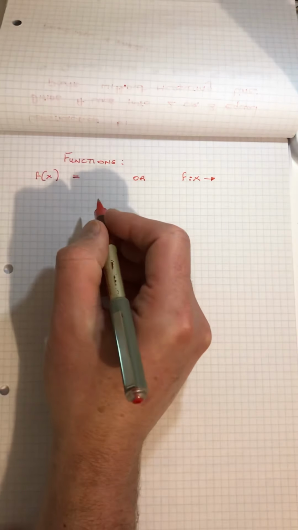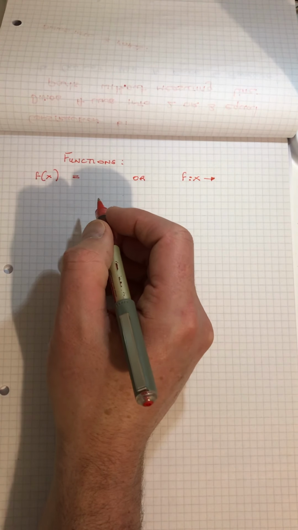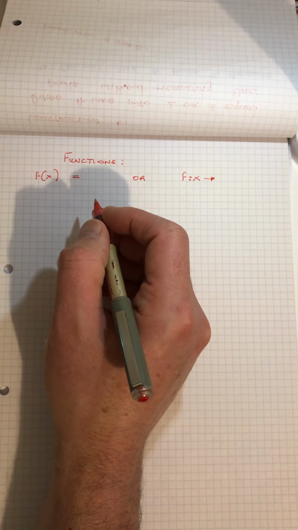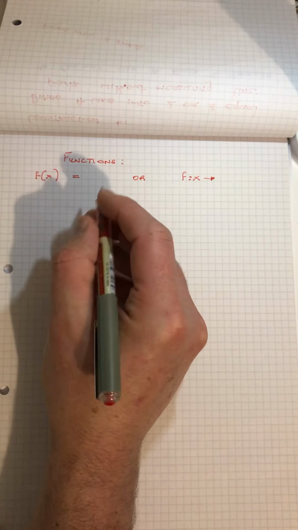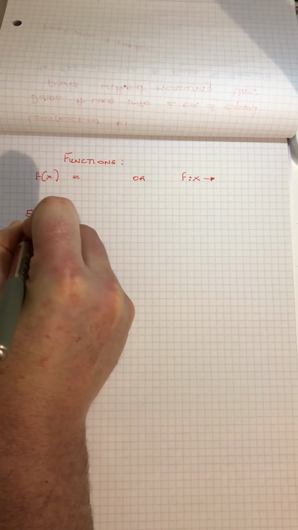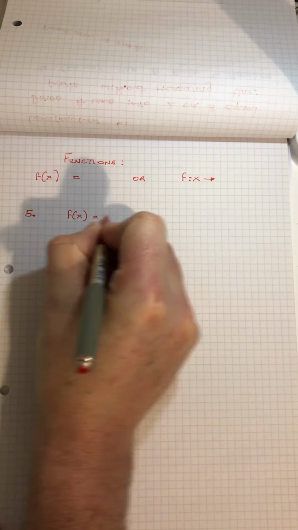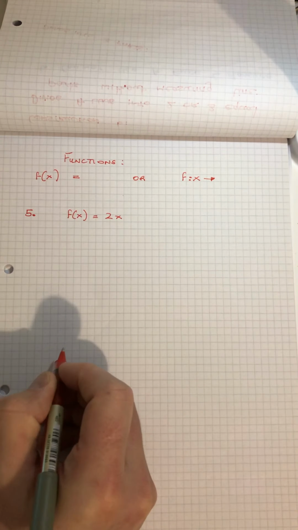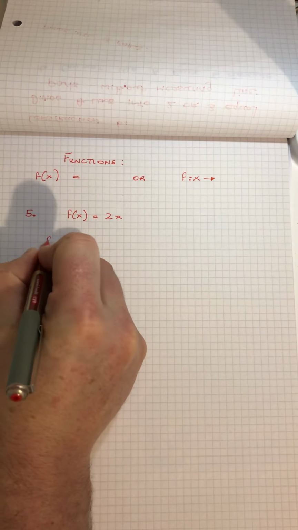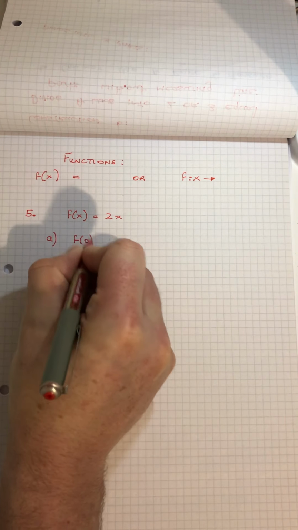Now, something like question number 5. A function is defined, f of x equal to 2x, okay? And for part A, find f of 0.